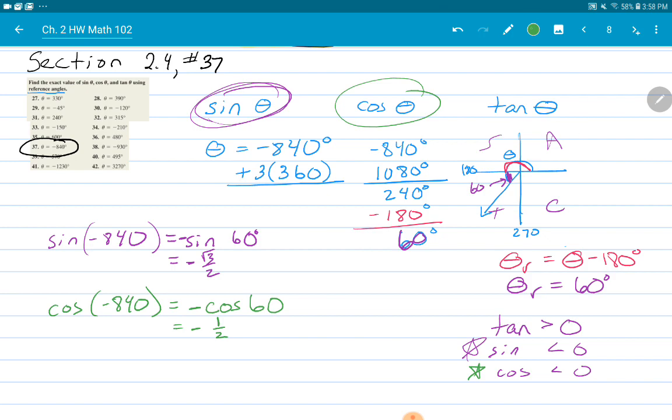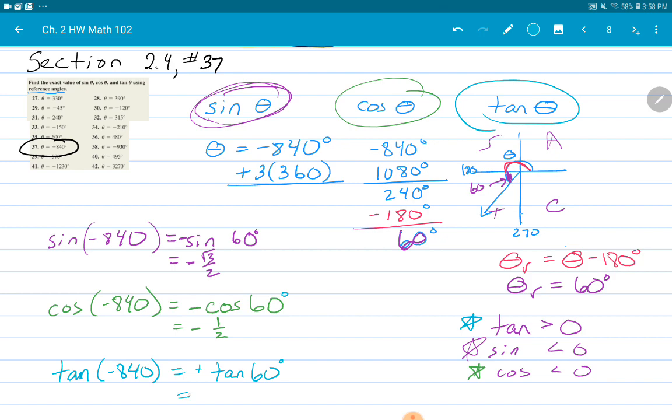All right, and then the last one is tangent. Tangent of negative 840, the value will equal the tangent of 60. That's our reference angle. And its sign will be positive because it's in quadrant 3.